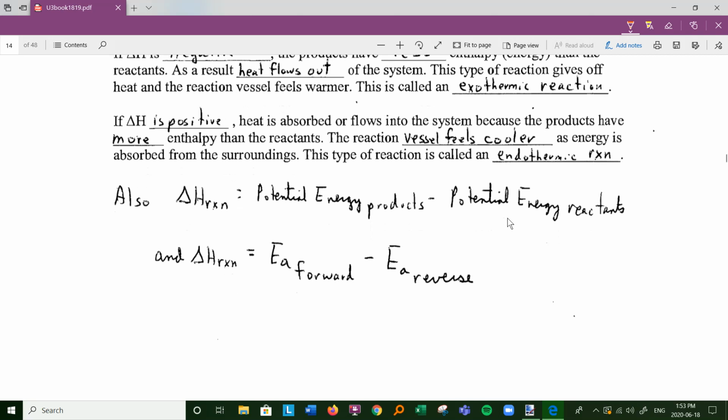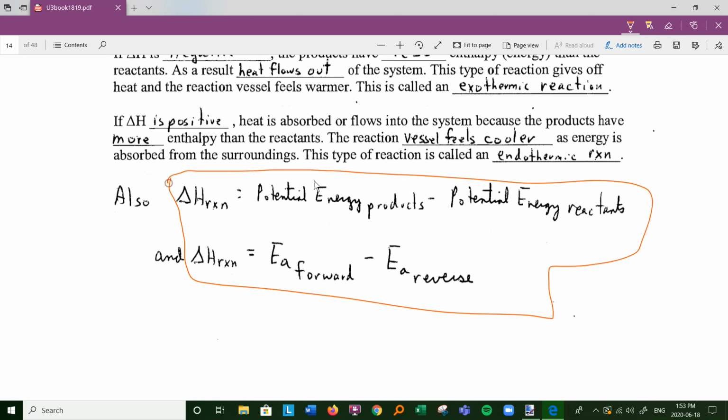So we can put that together into two important equations, which you should memorize. Delta H is the potential energy of the products minus the potential energy of the reactants, but it's also, as we'll see from our potential energy curves, the forward activation energy minus the reverse. So I'm going to write that on a piece of paper here, so I'll remember it.